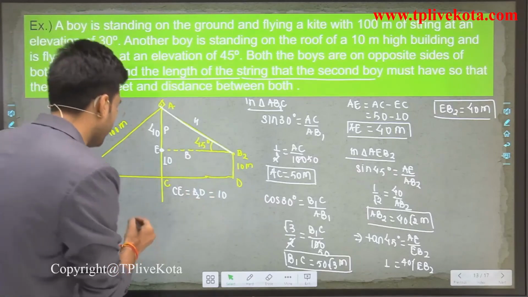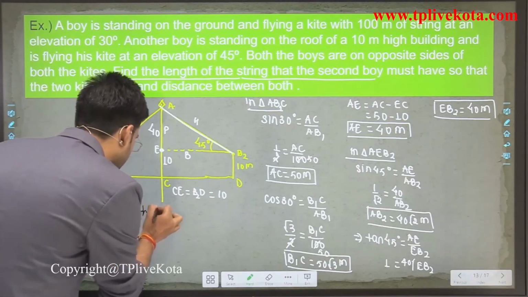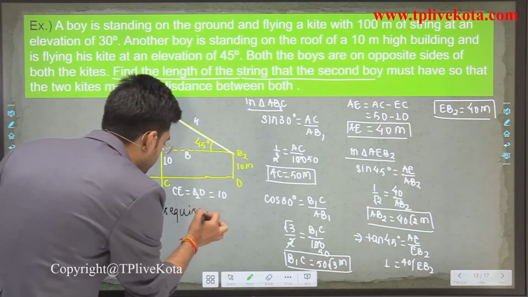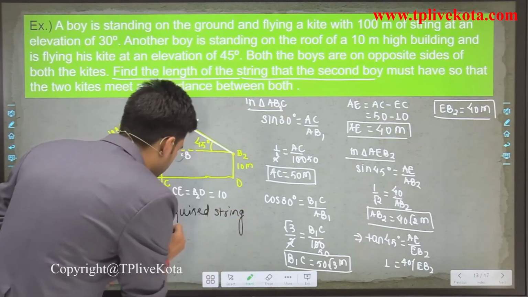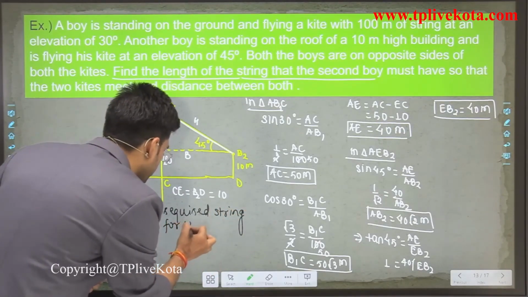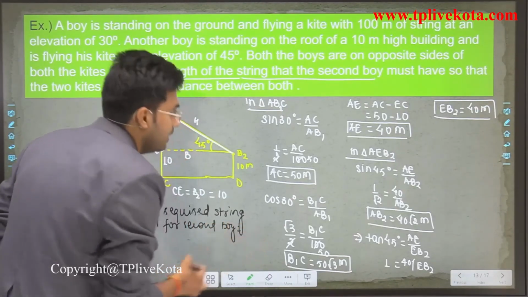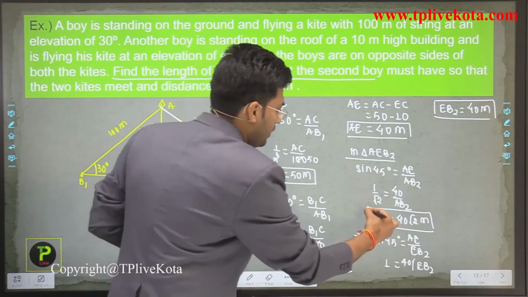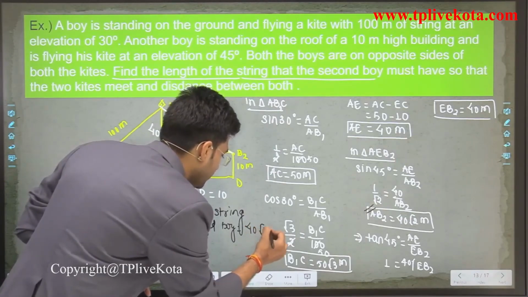The length of required string for second boy is AB2. And what is the value of AB2? It is 40 root 2 meter.